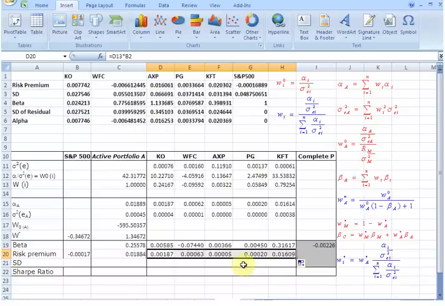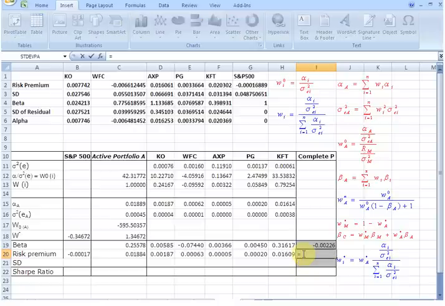Alright, let us now figure out the risk premium for the complete portfolio, which is going to be fairly simple. Well, we know the weights already on our passive portfolio and the active portfolio.